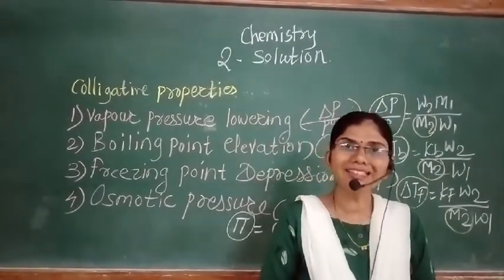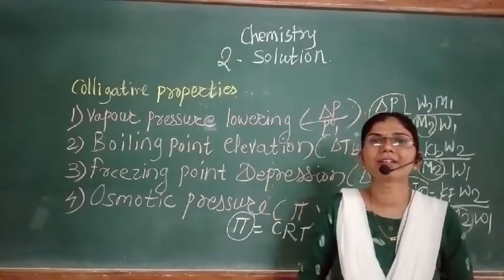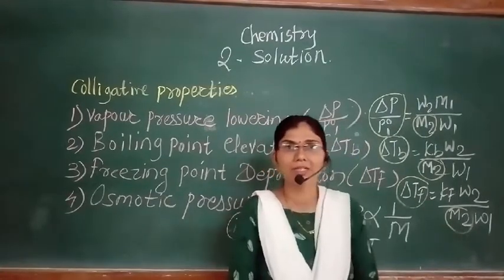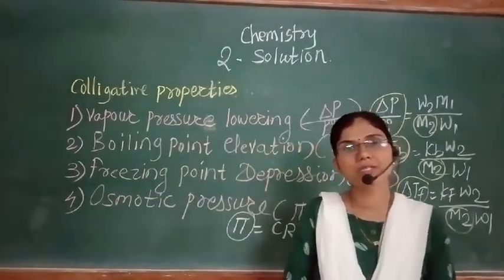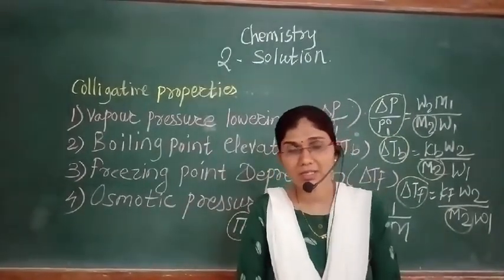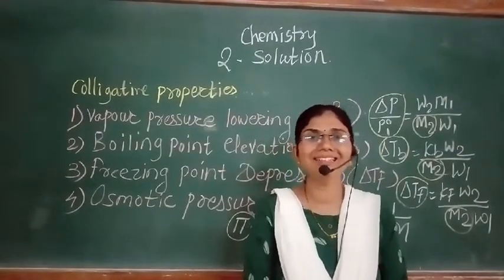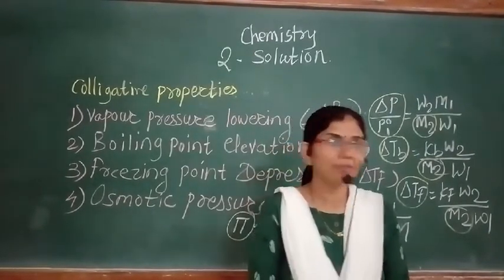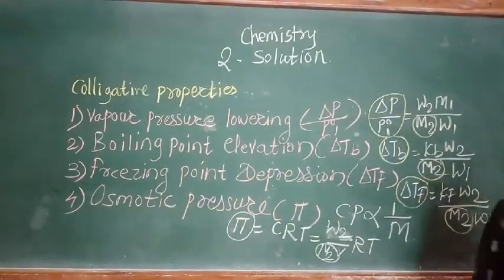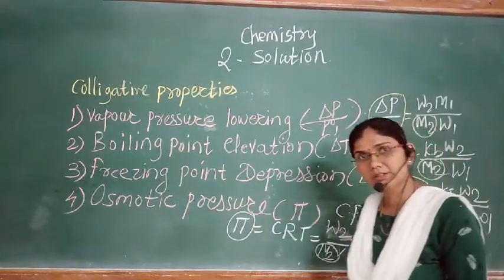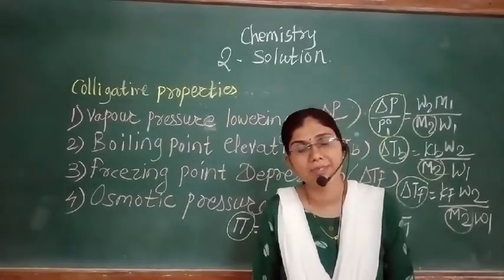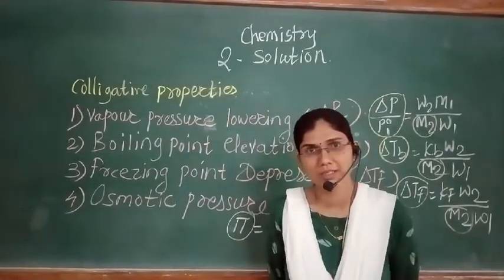But what if we use an electrolyte for the solution? What are electrolytes? Electrolytes are the substances which dissociate completely into ions. When we use a non-electrolyte solute, it does not associate or dissociate, meaning it remains as it is in the solution.